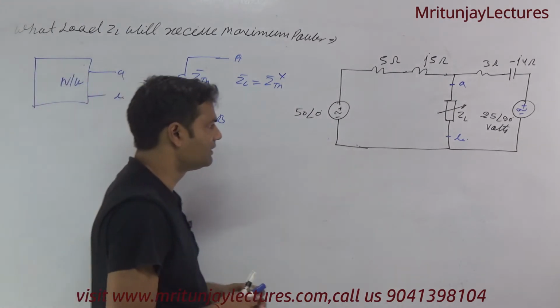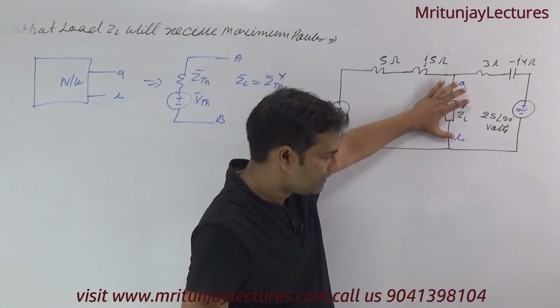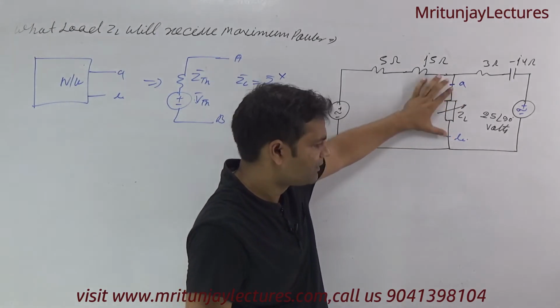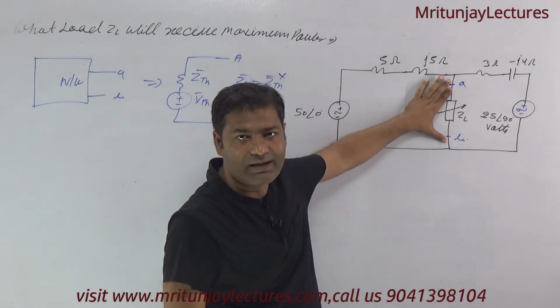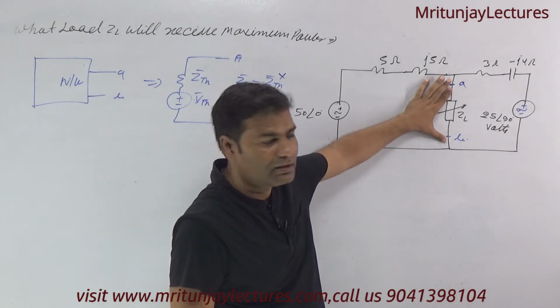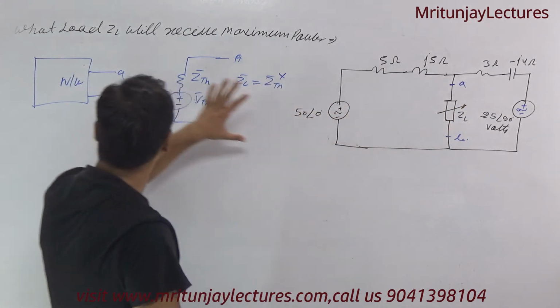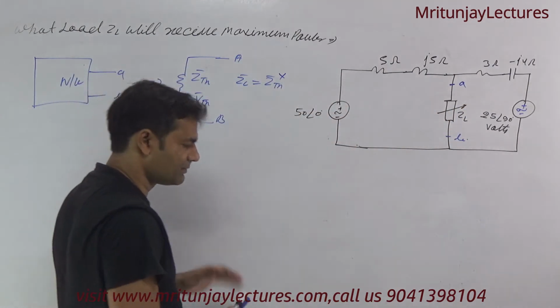So first of all, the load at terminal AB is removed. After removing this load, the whole circuit is converted into Thevenin's equivalent. Clear or not?